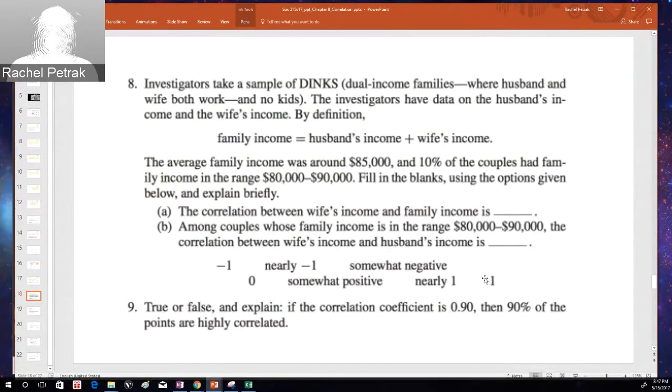Remember, there's almost never a perfect correlation. And so that's probably not going to be the answer for a lot of problems, unless they are theoretical, which this one is theoretical, so that's a little tricky. So we know this must be somewhat positive because we can't control husband's income.